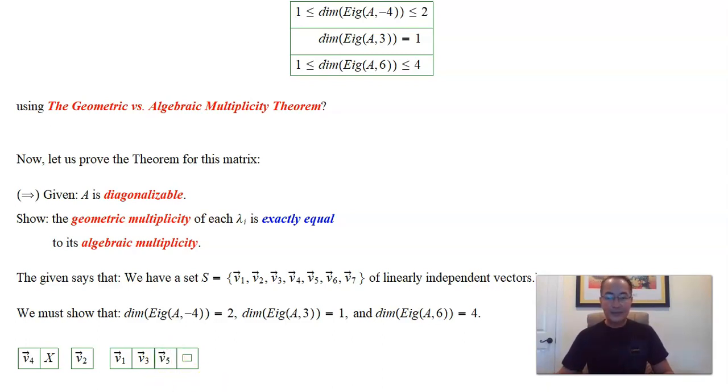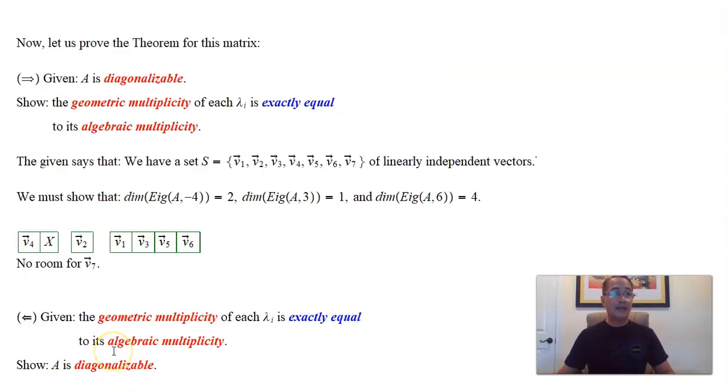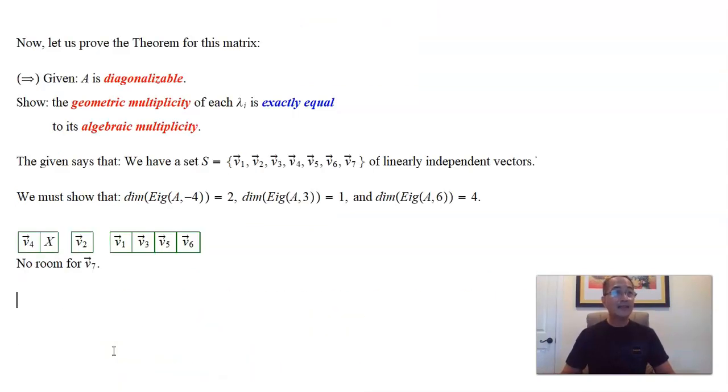So V5 has no choice but to be there. You see what I'm saying about the snug fit? Where's V6 going to go? No room here, no room here. It's got to be over here. Oops, you ran out of room. There's no room for the last vector, V7. So this is a contradiction. Thus the dimension of the -4 eigenspace is exactly 2.